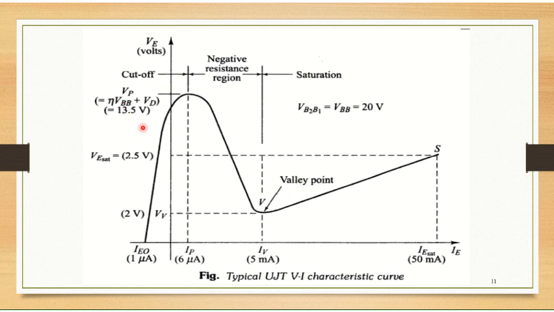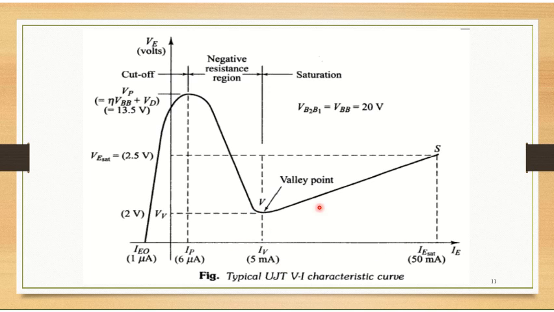Typical values are all given here. The valley voltage is 2 volts, and the valley current will be typically 5 milliamps.